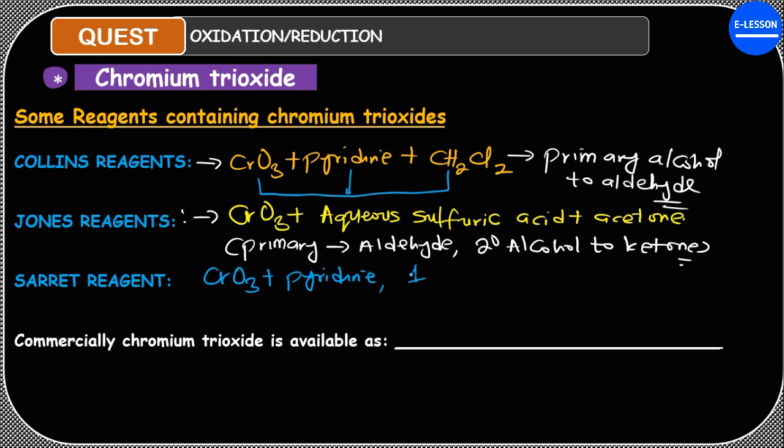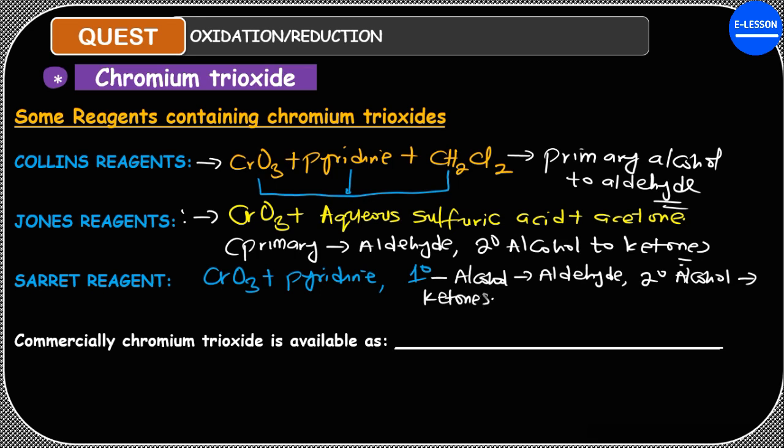So primary alcohol, or the 1-degree alcohol, will be oxidized to aldehyde, and then of course 2-degree alcohols, which are secondary alcohols, will be oxidized to ketones.